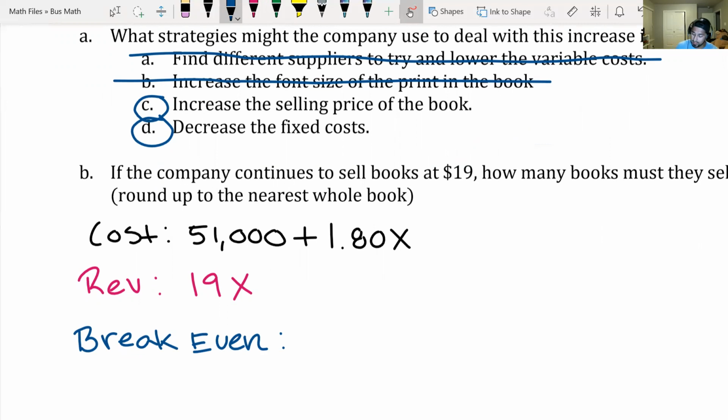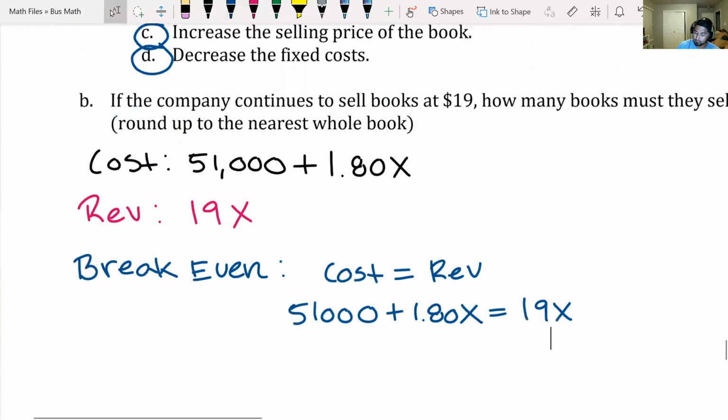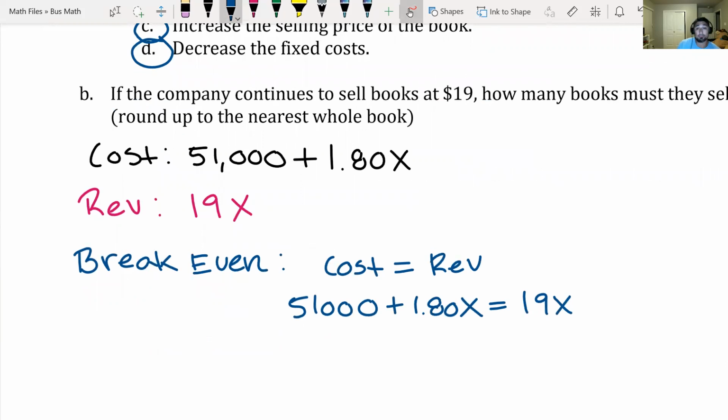So you'll set, again, cost equal to revenue, or revenue equal to cost, either one. So 51,000 plus $1.80x equal to 19x. All right, and just solve for x.